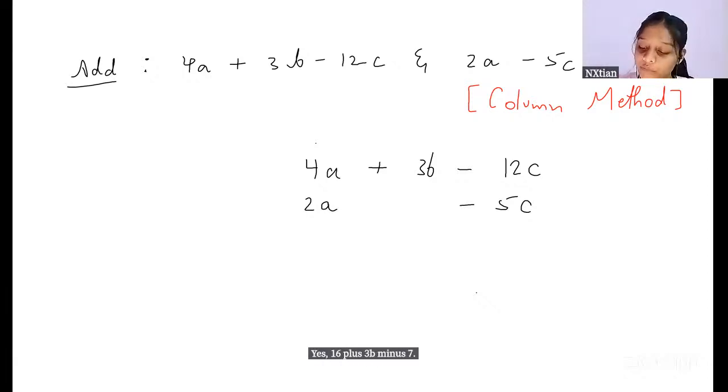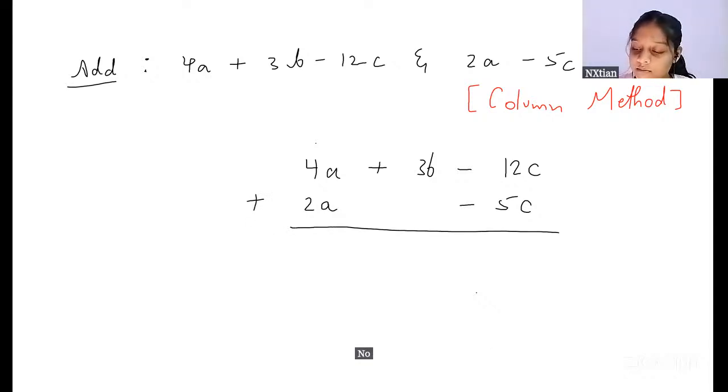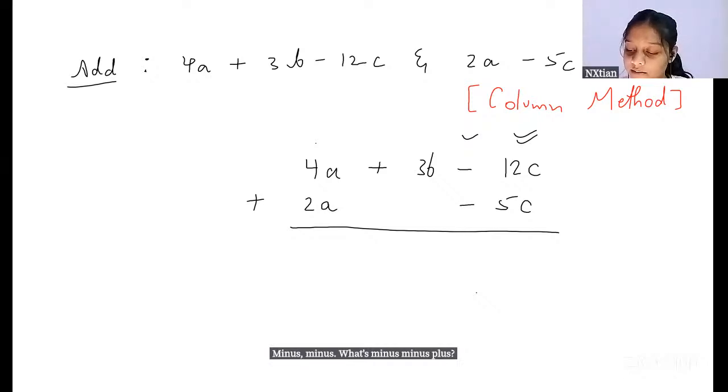How? We are going to add with a plus sign. Now, minus, we'll start from here. Can you see the minus signs here? Minus and minus, we add. So 12 plus 5 is 17, and then c as it is. We put the sign of the bigger number. 12 has a minus sign, so minus.